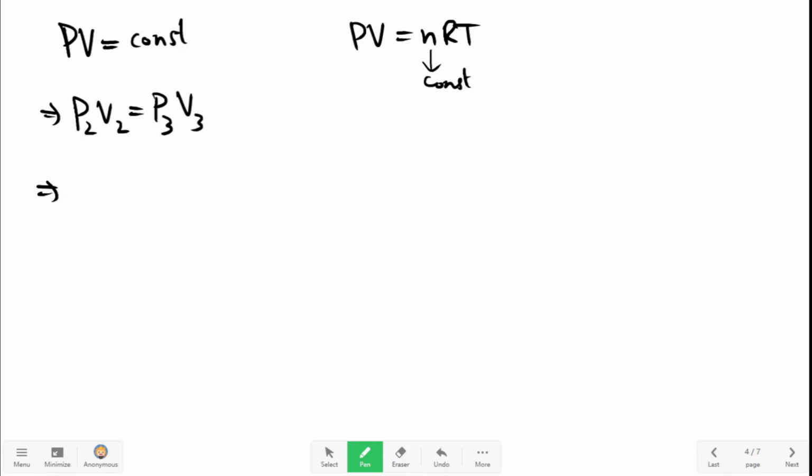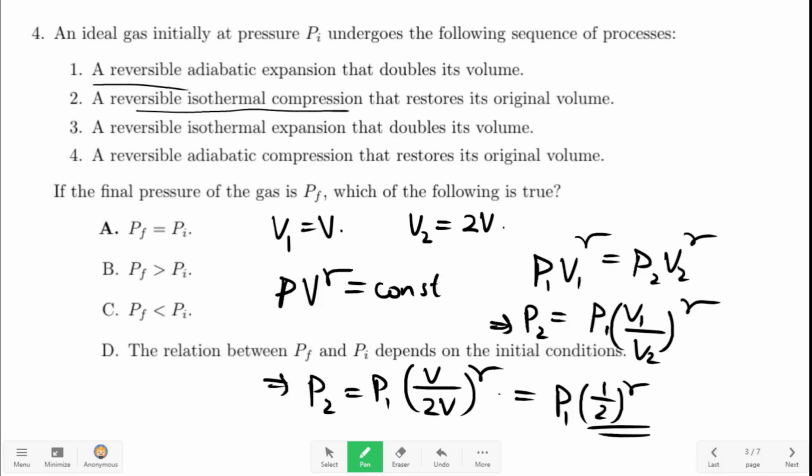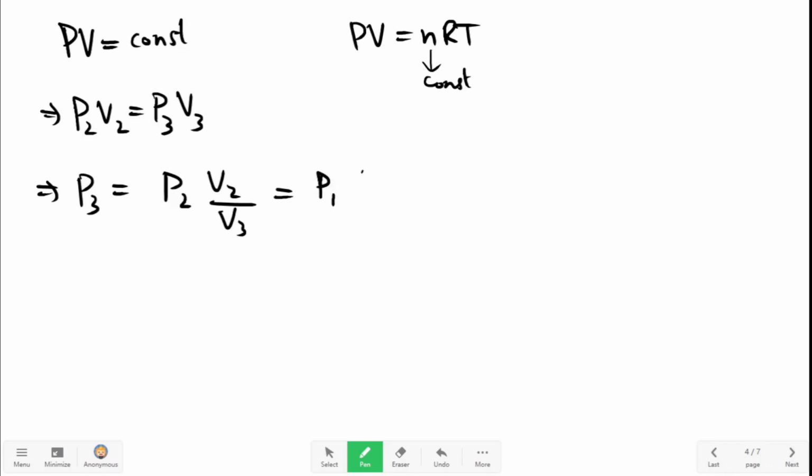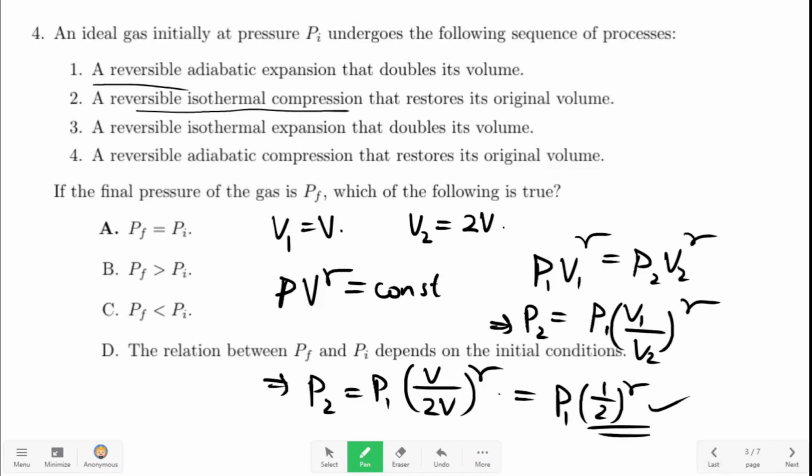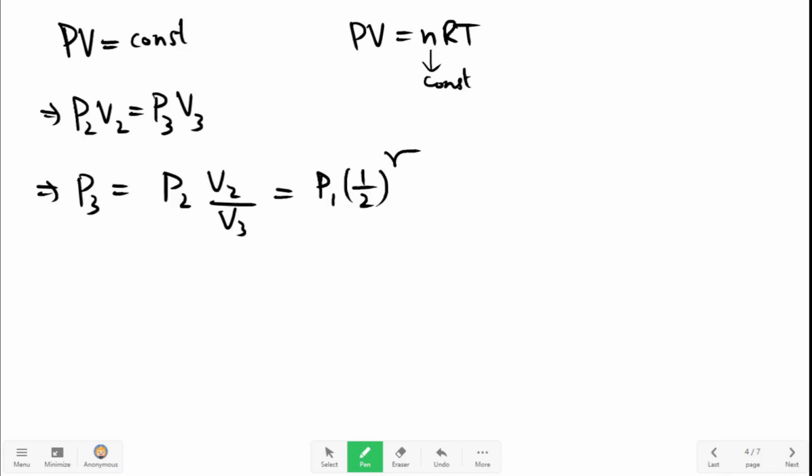This implies P3 is equal to P2 V2 divided by V3, which is equal to P2, which is P1 into (1 by 2) raised to gamma, times V2, which is 2V, divided by V3.